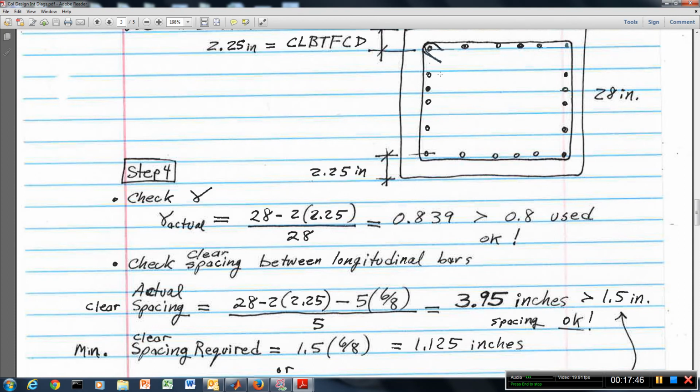And it is 5 because we have 1, 2, 3, 4 interior bars, and then we have a half here and a half up there, because this is to the center of bar and this is the center of bar. So we really have 5 bar diameters that we need to subtract out. And then we have 1, 2, 3, 4, 5 spaces, so we divide by 5 and we get 3.95 inches.